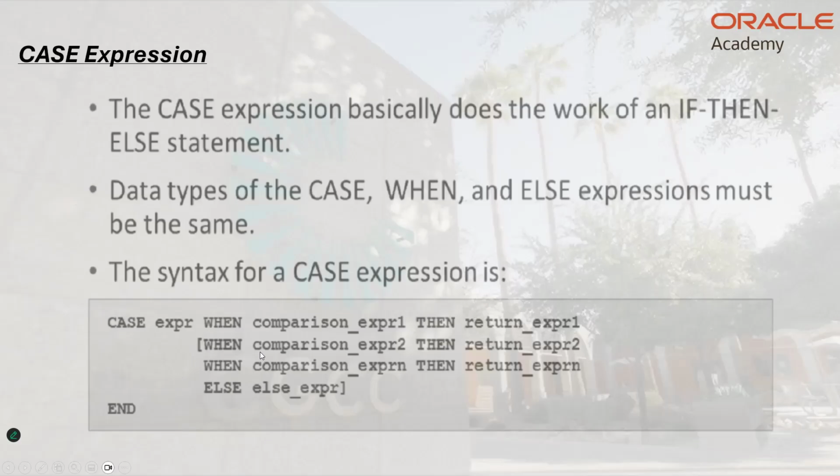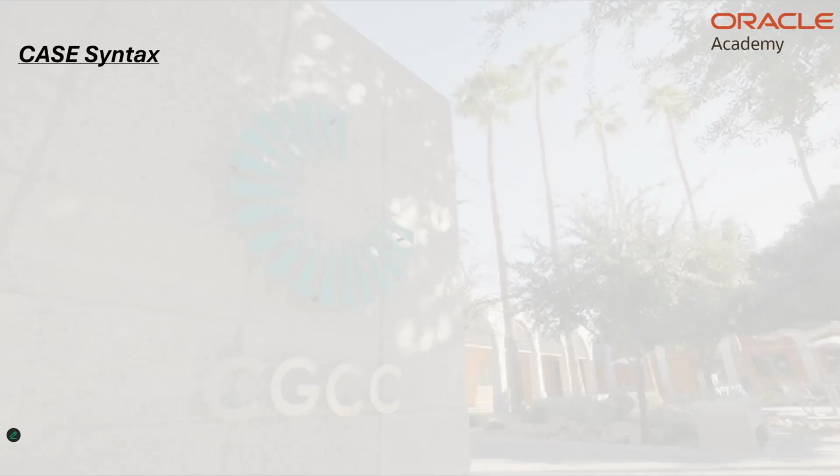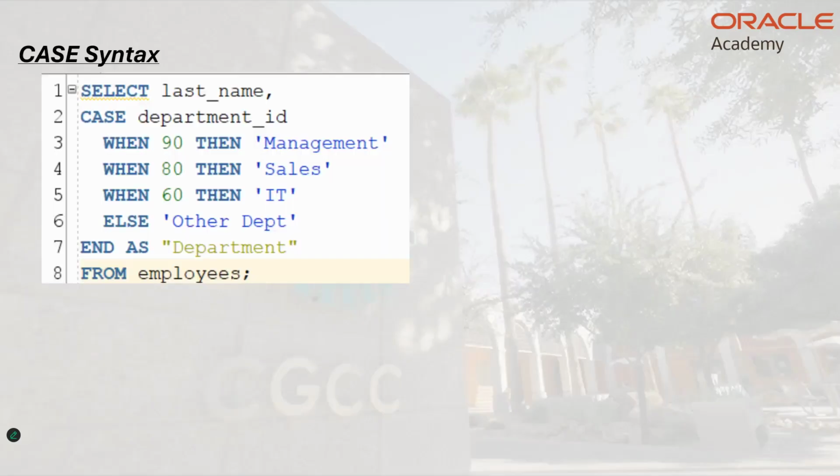And I had one of those examples that I showed you way back in module 4, which that student really jumped ahead. So here's an example. SELECT last_name, CASE department_id. That's your satisfier or your condition. WHEN department_id is 90, then that's management. WHEN department_id is 80, then that's sales. WHEN department_id is 60, then that's IT. ELSE, it's other department.